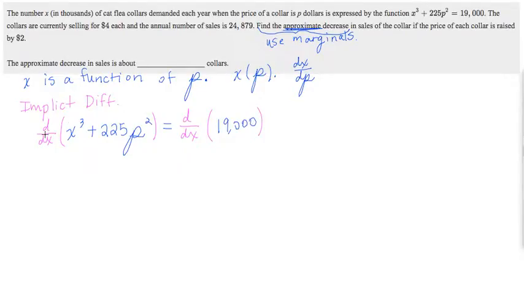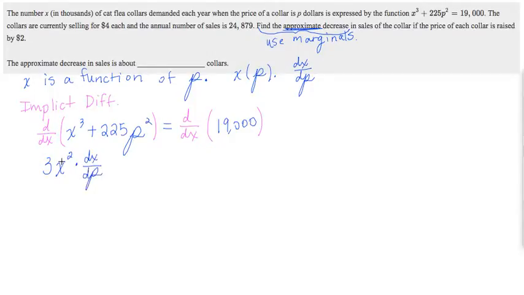Now, the derivative of x cubed. Normally, in most problems, it would just be 3x squared. But because x is a function of p, x is now the dependent variable. It's like your y. So this is really a chain rule derivative because we have a function all being cubed. So we bring the 3 down, times the inside function to the power of 2, times dx/dp by the chain rule.